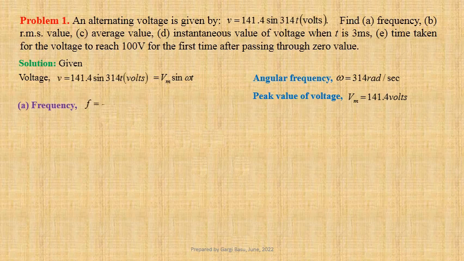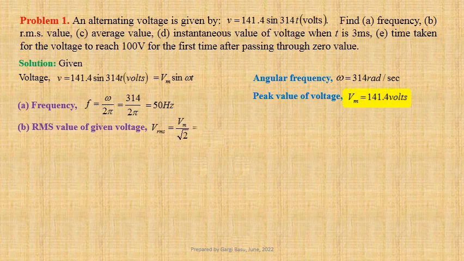Let us first calculate frequency. F equals omega divided by 2 pi, that is equal to 314 divided by 2 pi, that gives us 50 Hz. RMS value of given voltage Vrms equals Vm by root 2, that is equal to 141.4 divided by root 2, that gives us 99.702 volt.